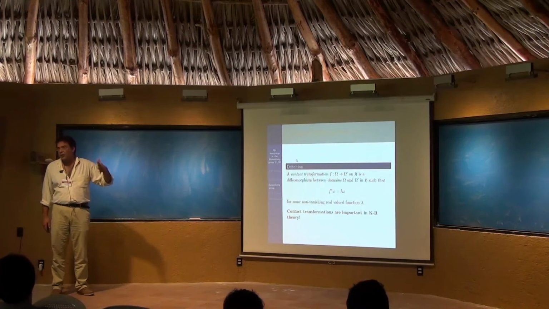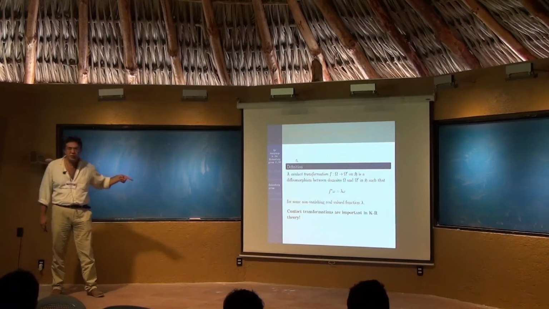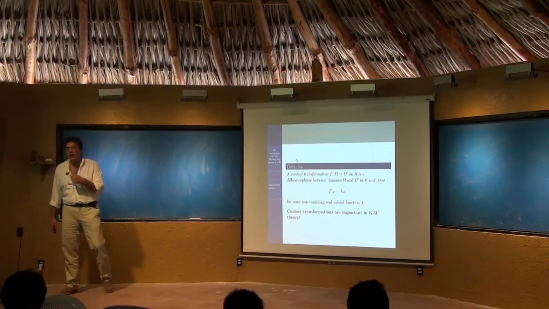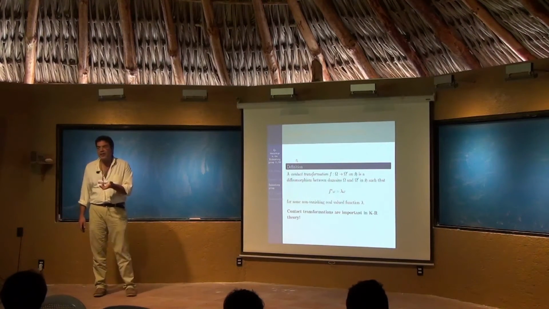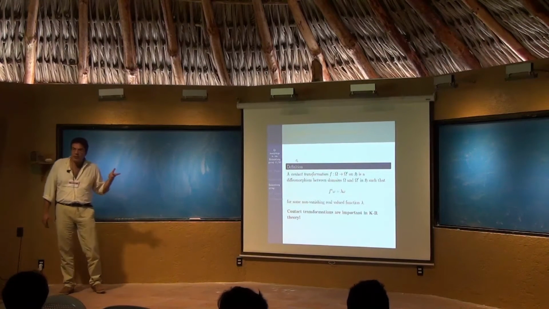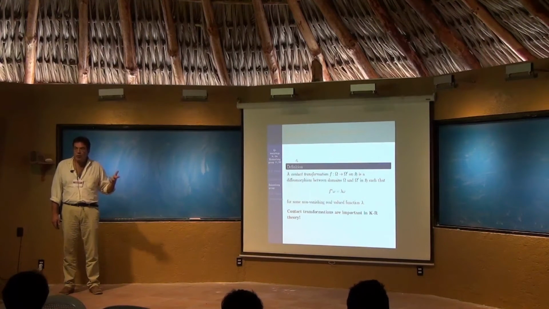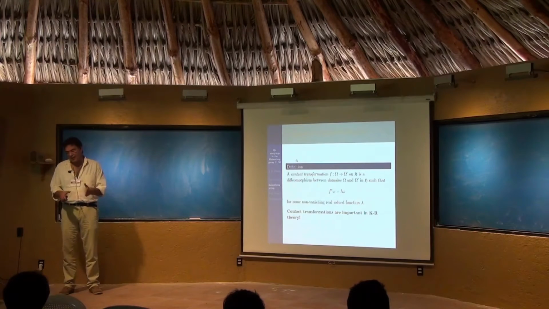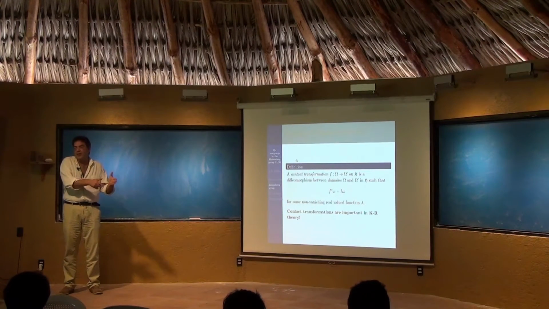In contrast with what happens in the Euclidean case, here contact transformations are very important in the Koranyi-Reimann theory of quasi-conformal mappings. They will prove themselves to be a huge obstacle in the resemblance of the theory to what happens in the Euclidean case.